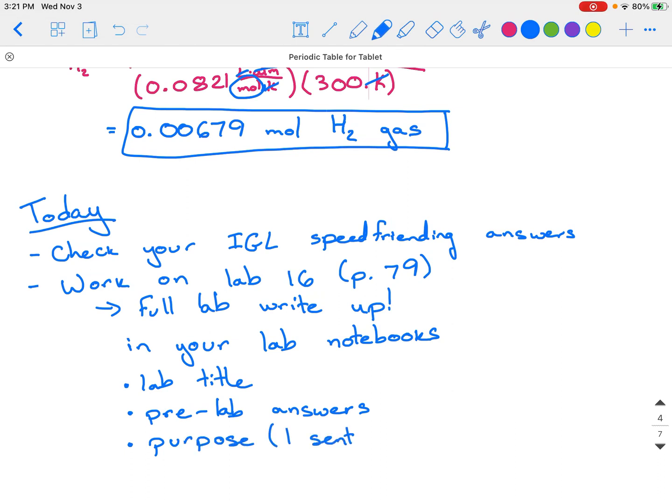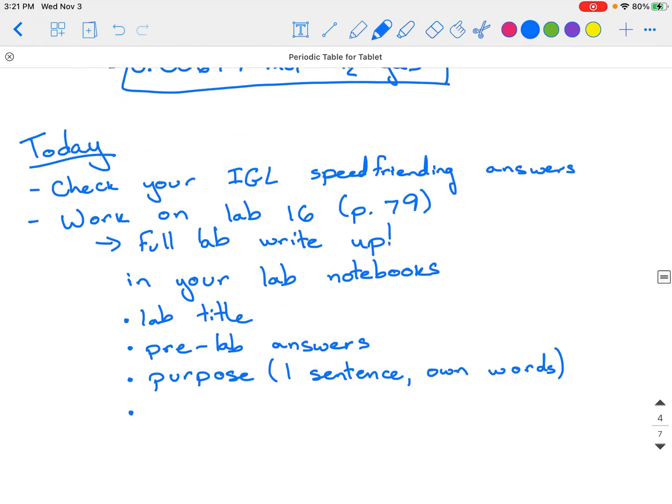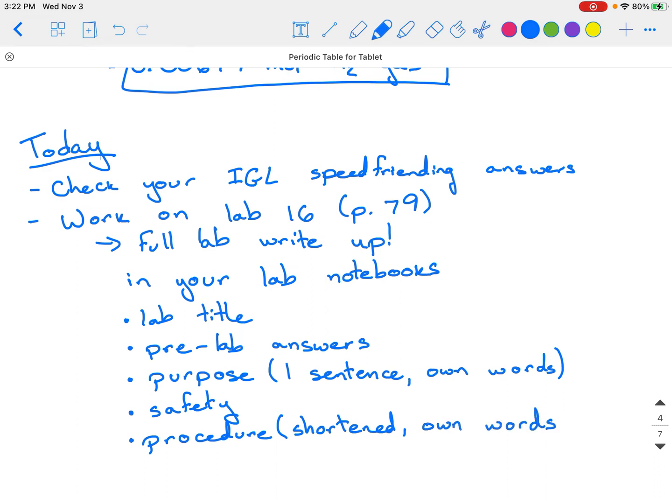Remember, the purpose is only 1 sentence, your own words. So simplified quite a bit. Then the safety and procedure. Remember, for the procedure, this is just a shortened version. And again, it's in your own words.